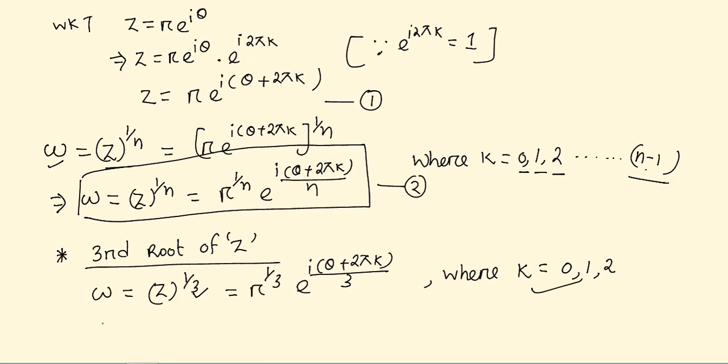So the roots can be written as, this is the first root, and the first root can be found by using k equal to 0. So the first root is given by omega 0 equal to r to the power 1 by 3 into e to the power i theta upon 3.